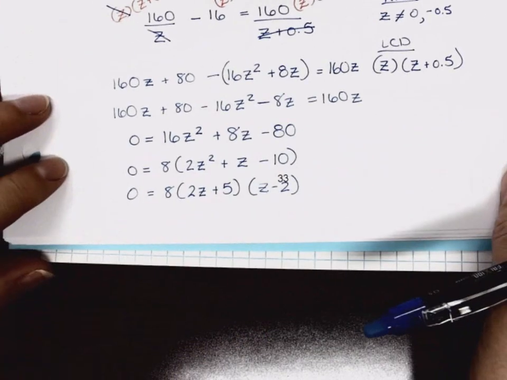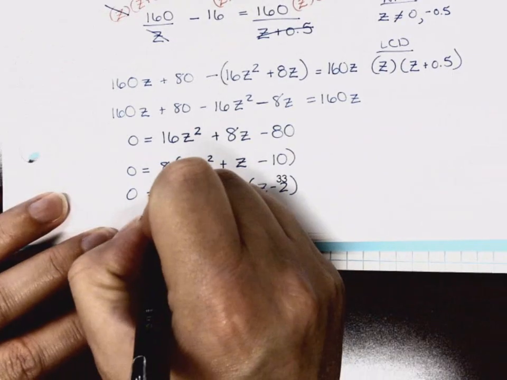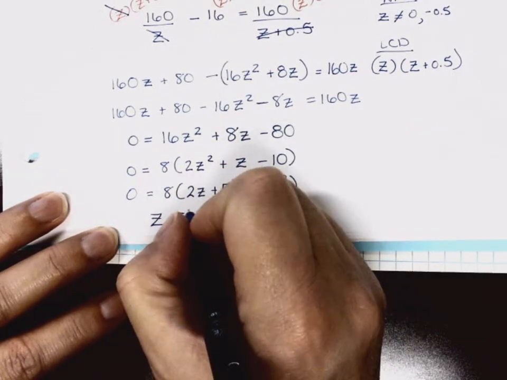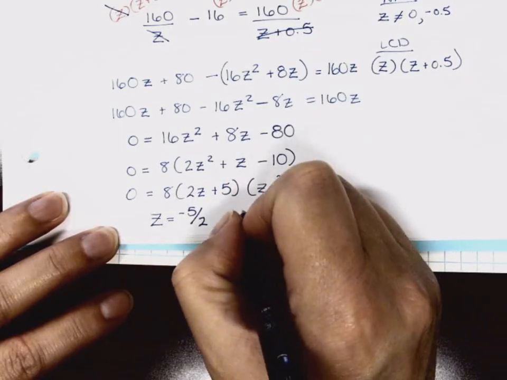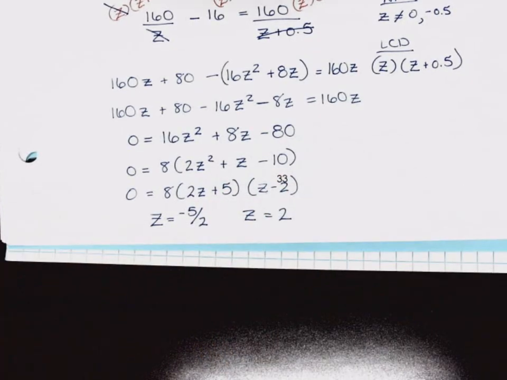Okay, got that right. I'm going to set each factor equal to 0. I'm going to check those against my non-permissible values. Am I good?